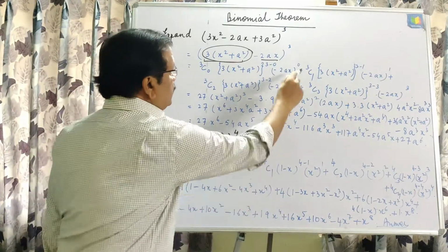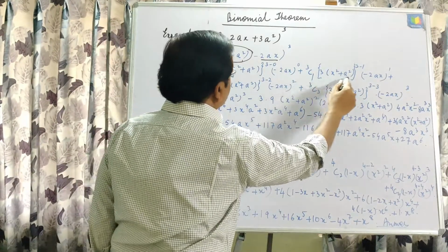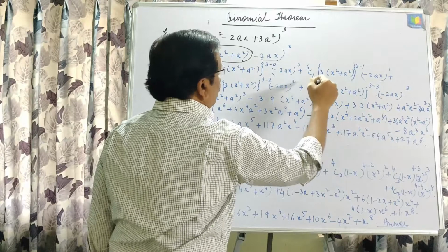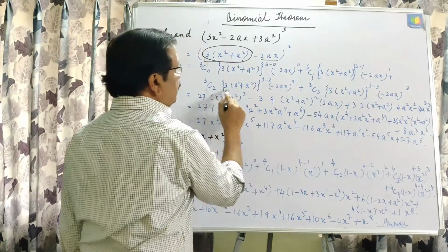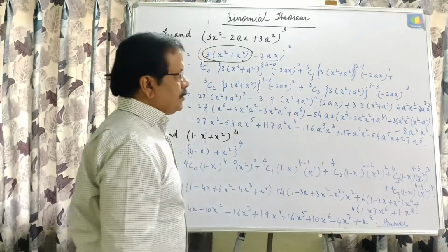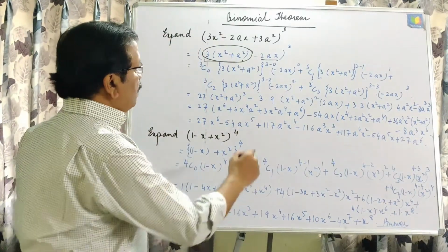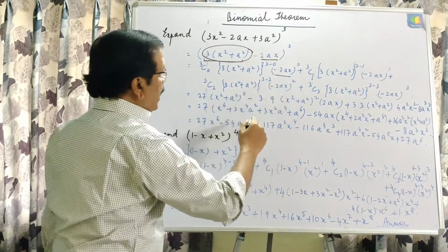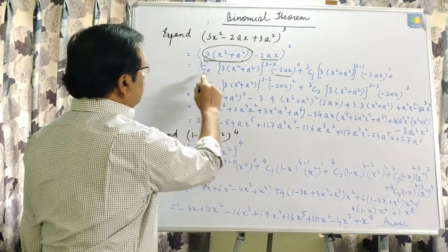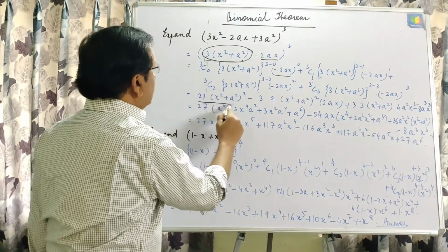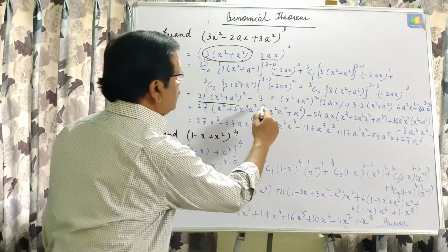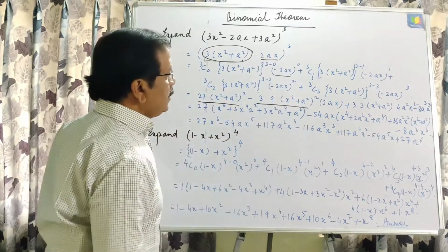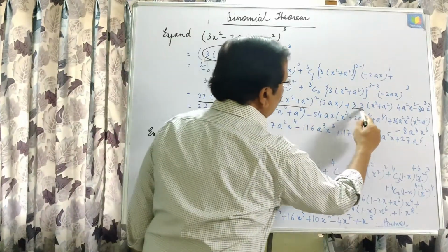In the same way 3C1 [3(x^2 + a^2)]^(3-1) (-2ax)^1, and in the same way the next two terms. Then after solving, this will be 1, and then after solving this is 3, we are getting 27(x^2 + a^2)^3, and this is 27 this much, and this is 54.